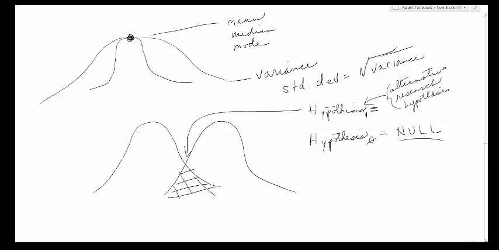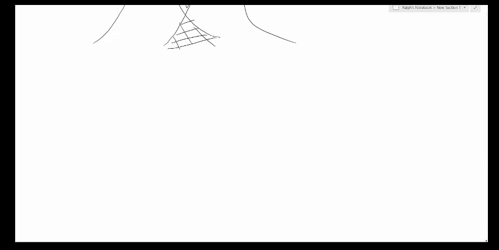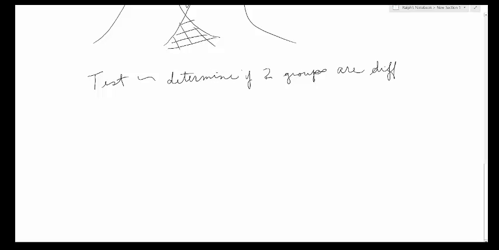And there are two tests that we applied that kind of thinking to. One test is called the t-test, and the t-test is used to determine if two groups are different on some scale.